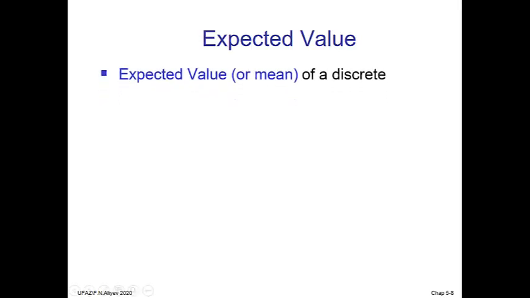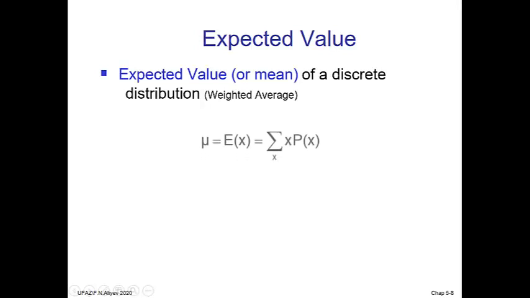Expected value, one of the important things of probability distribution. The expected value of a discrete distribution is calculated using this formula. For each x, you multiply it by its corresponding probability and sum all these products. We denote expected value by E(x) because it also starts with the letter e.